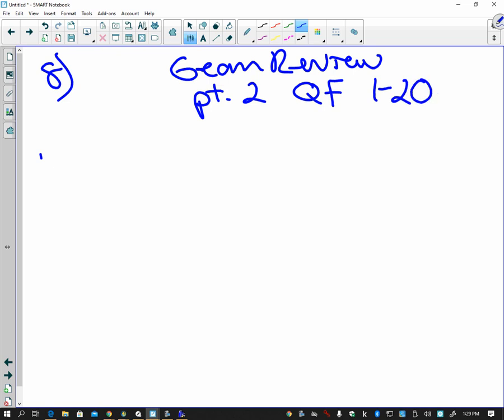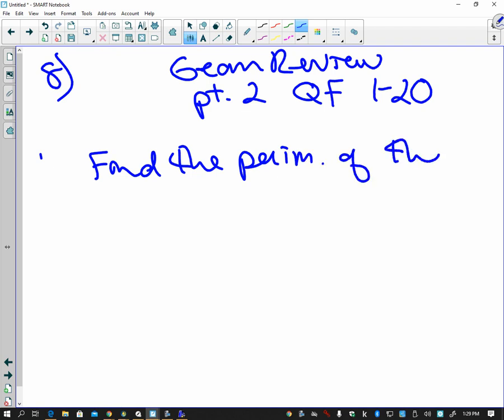All right, so we want to find the perimeter of a rectangle. It is interesting to see how many students confuse area and perimeter in rectangles.